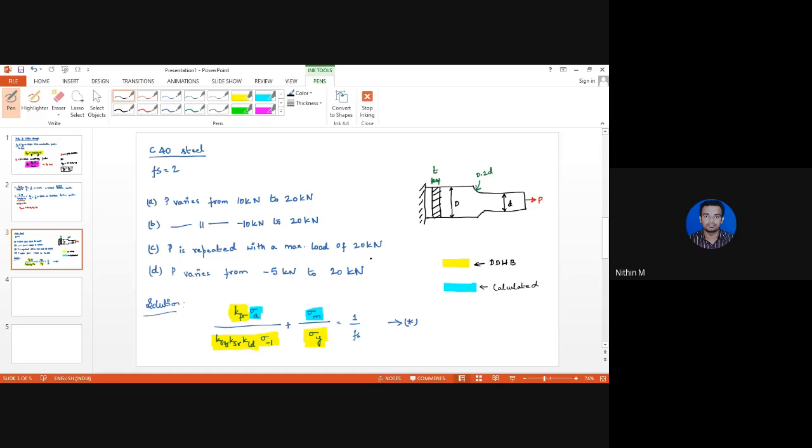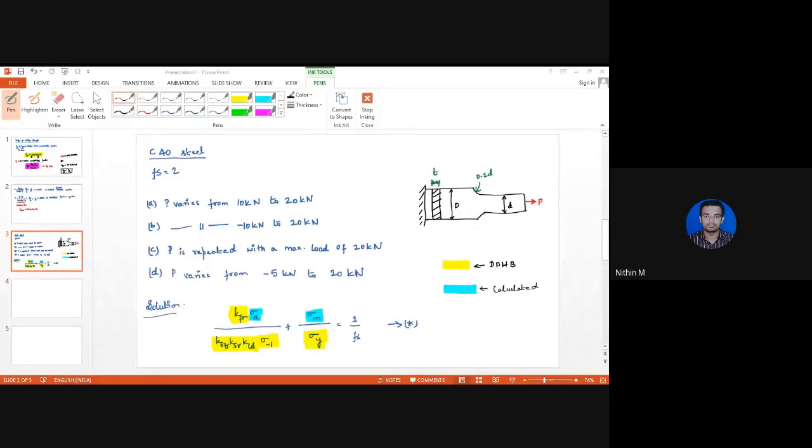The stress concentration factor will be the same, and the endurance limit modifying factors will also be the same. Why? The component material is not changing. There is no change in the material as well as the dimensions of it. So try to determine this stress concentration factor.